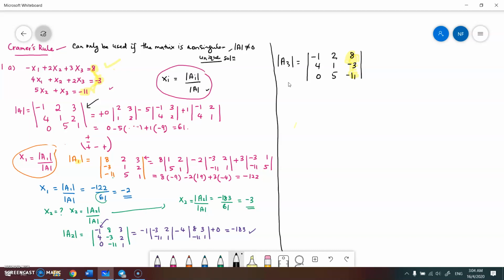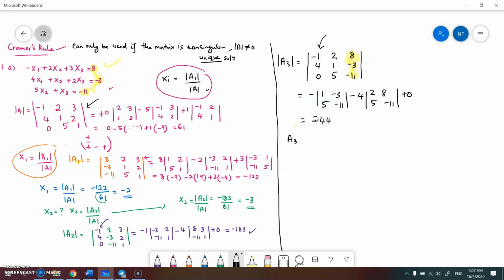So find the determinant of this. Let's say I'm using this column. 8, 5, negative 1 plus 0. So my determinant is equal to 244.